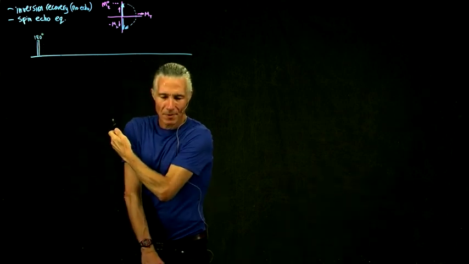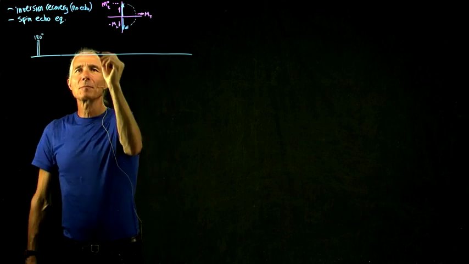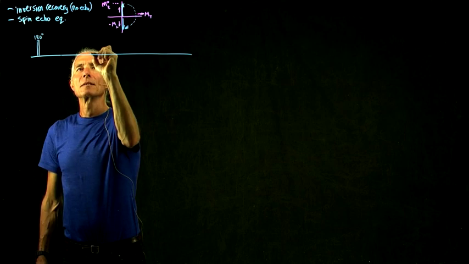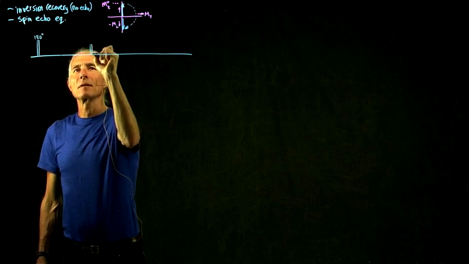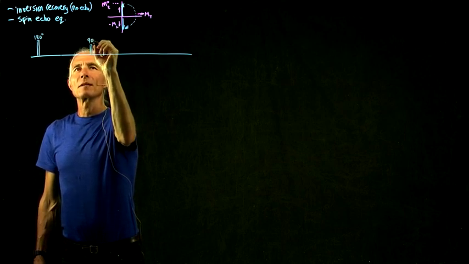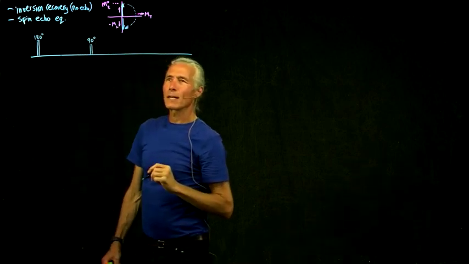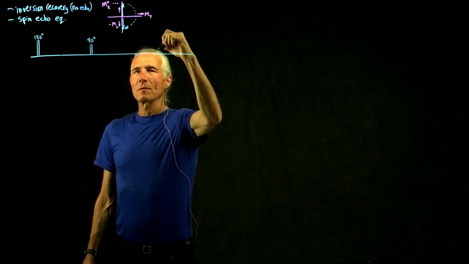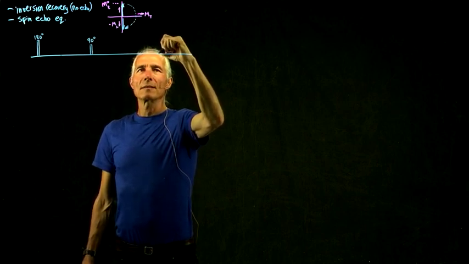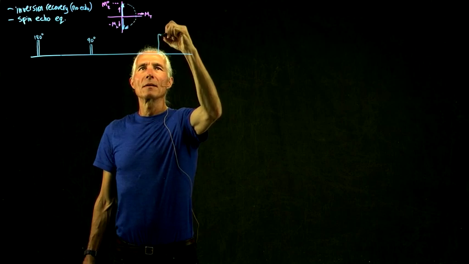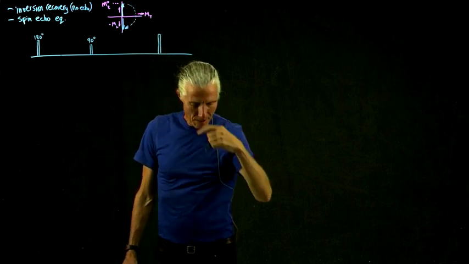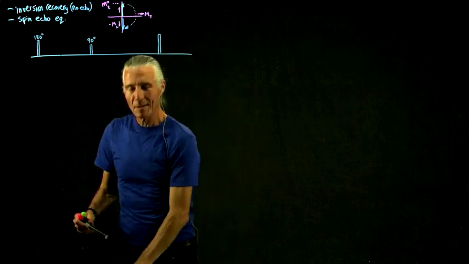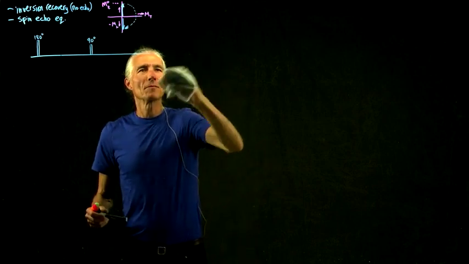The timing doesn't have to be the same between our 180 and 90 and the next 180. Typically there could be quite a large gap, but I'll make a slightly less big gap to give me room for the equations.